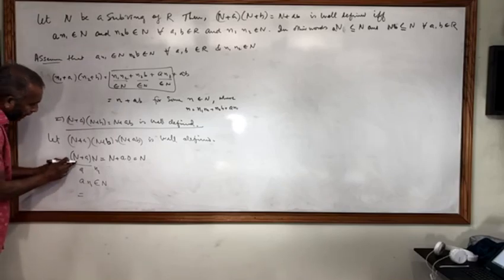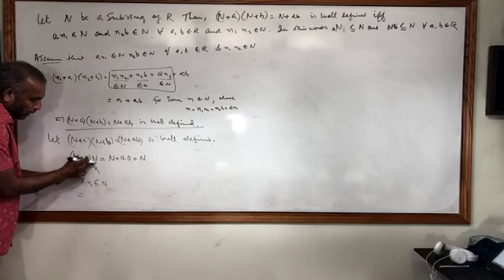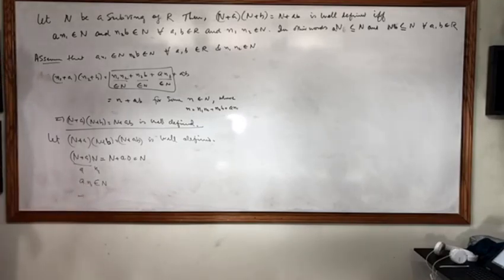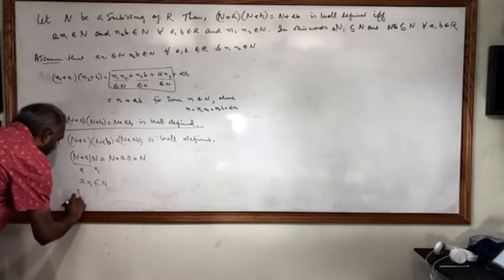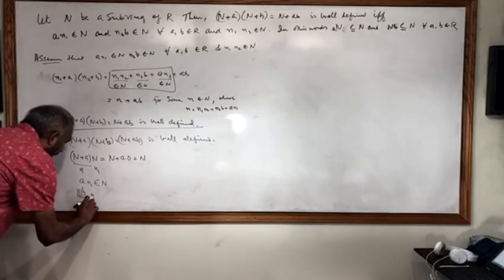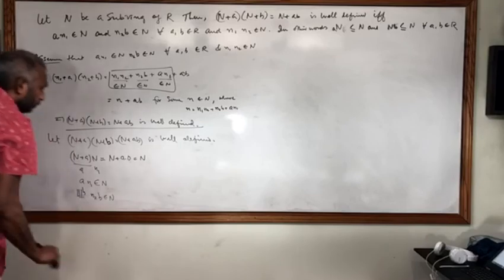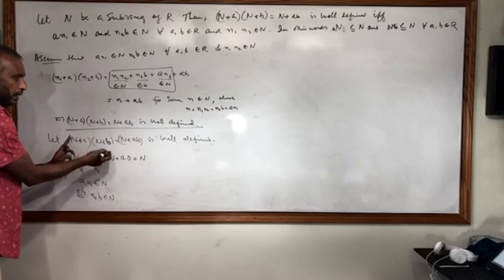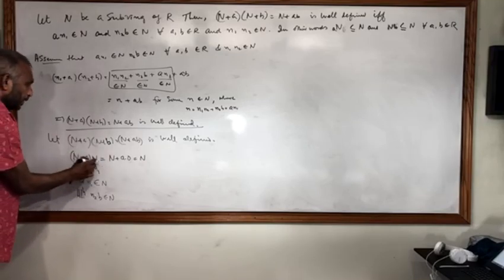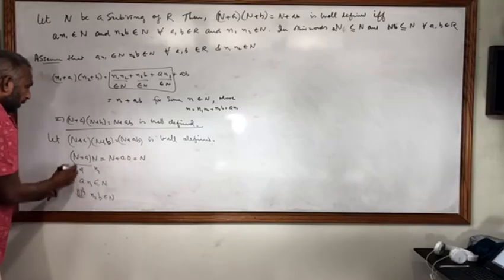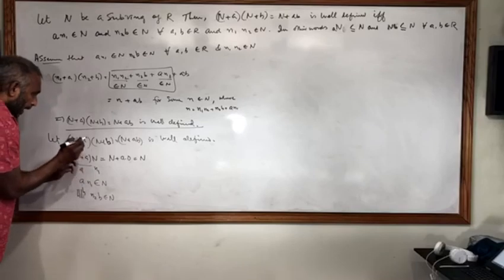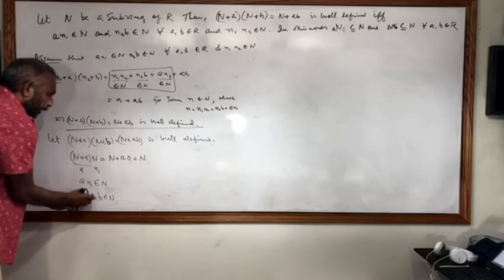Similarly, n2 B belongs to N. We switch A and B, so we have N times N plus B is equal to N. Then we replace N plus A by B, and in N we take n2.